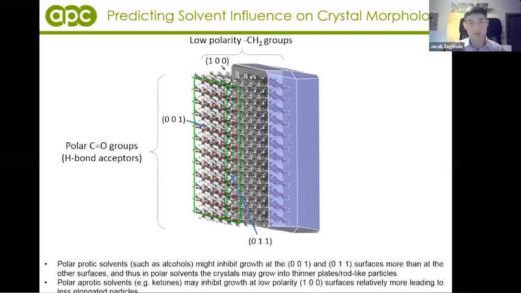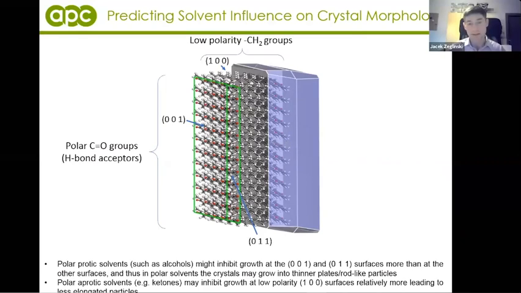So if we consider polar protic solvents, they could preferentially interact with those oxygens, forming strong hydrogen bonding, and we expect that they could inhibit growth perpendicular to the 001 direction, and then the particles in polar solvents like alcohols could be thinner.